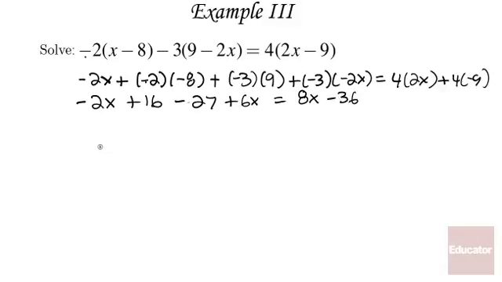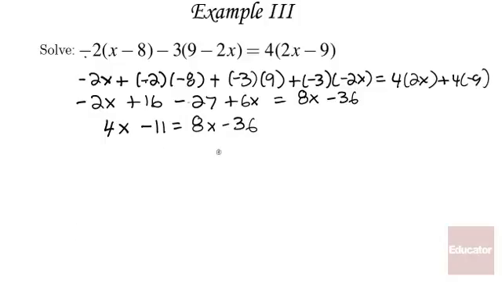The next step is to combine like terms. And I have negative 2x and 6x. Those can be combined. That's going to give me 4x. I have constants. I have 16 minus 27. That's going to give me negative 11. Can't really do anything further with that right side.